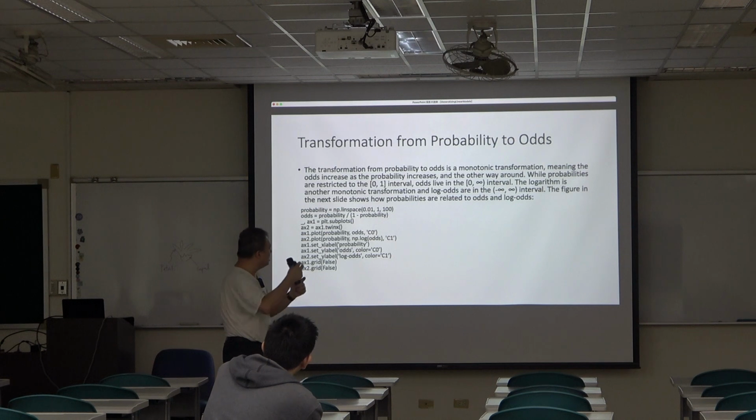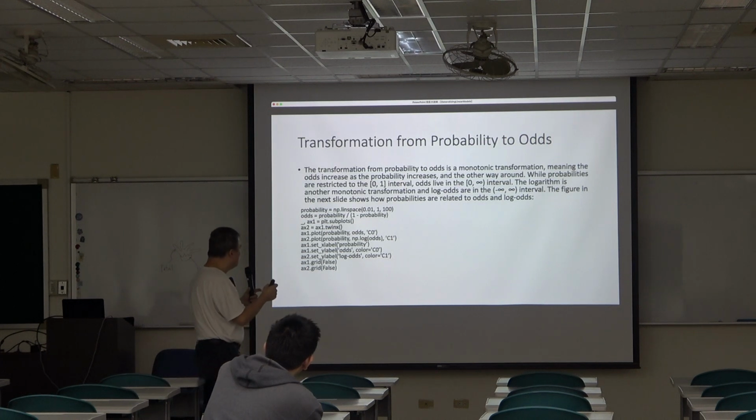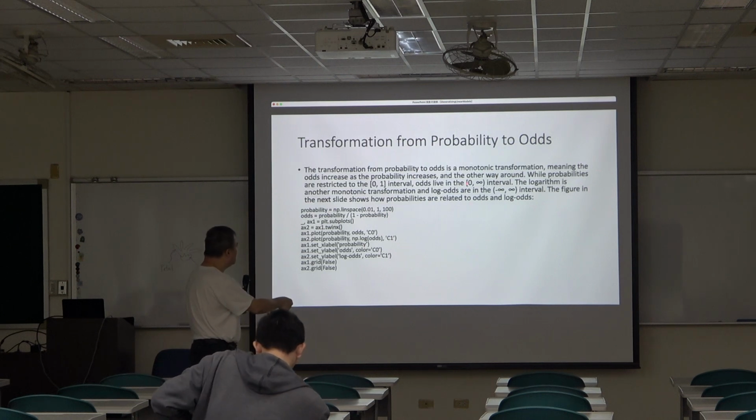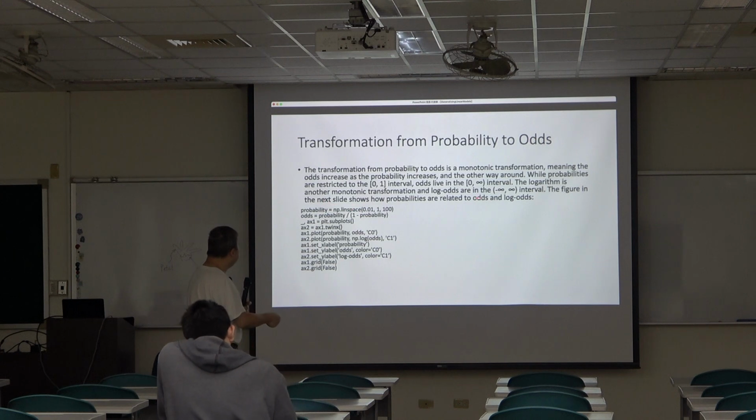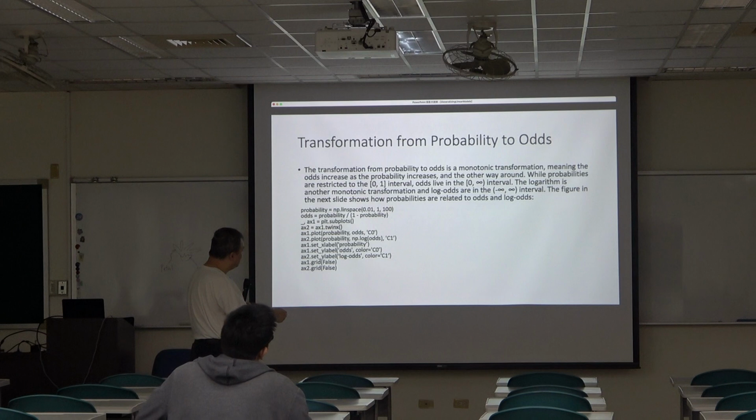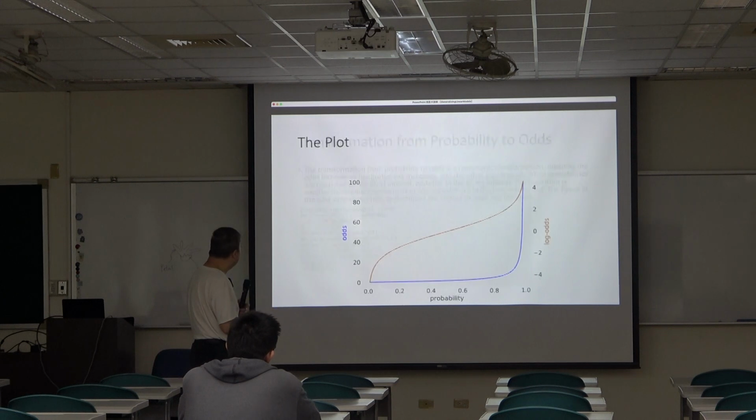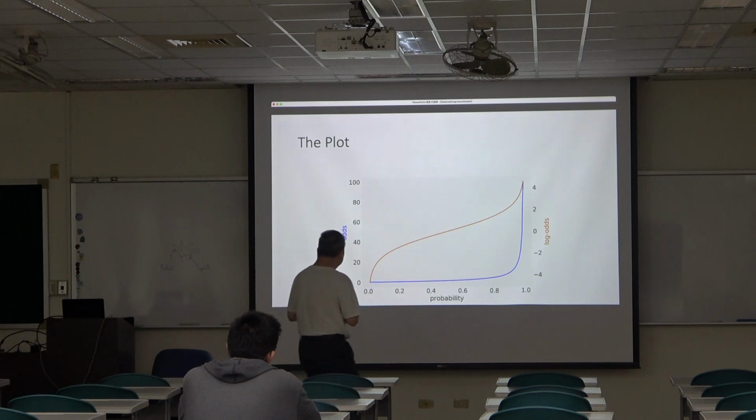You can imagine such a combination: the smallest can only be 0, where theta is 0, and when theta is close to 1, you get infinity. And because it's in this range, when you use the log on this range, you get negative infinity to positive infinity, right?